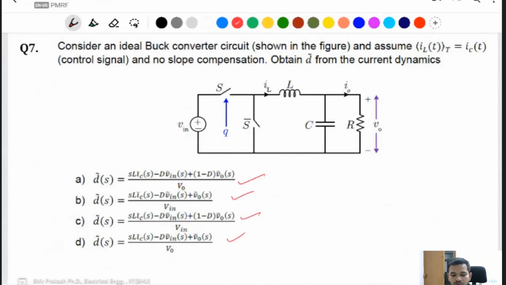Small signal analysis is used for finding the transfer function of any converter. Basically, it uses small signals to convert the non-linear to an approximately linear form.